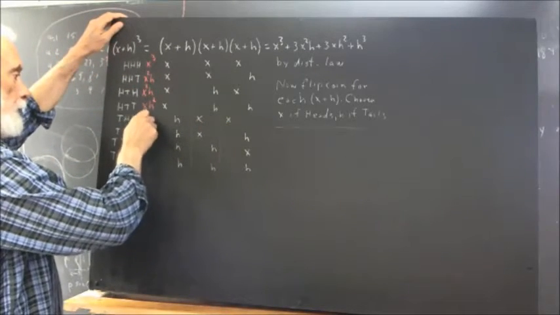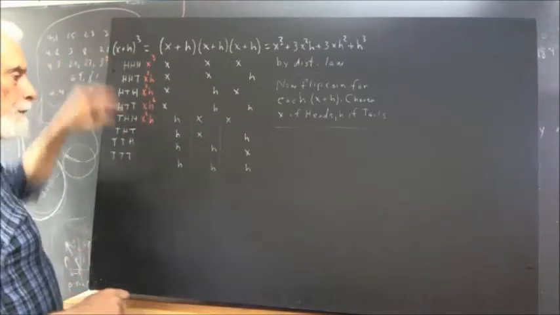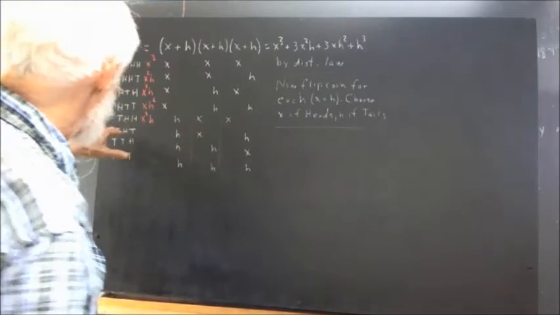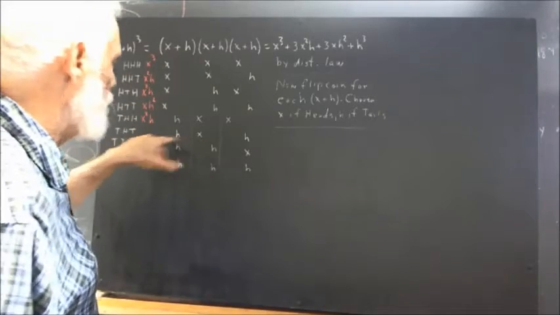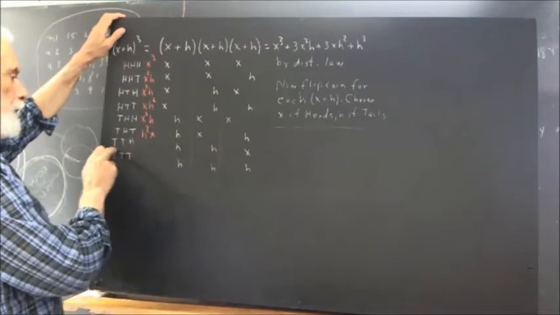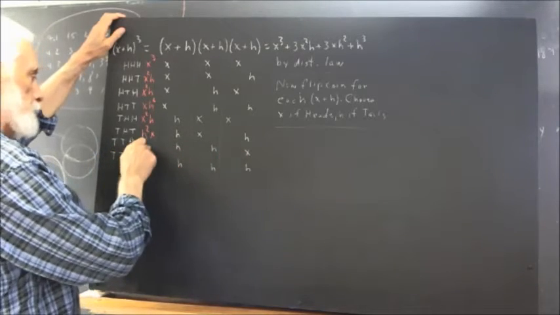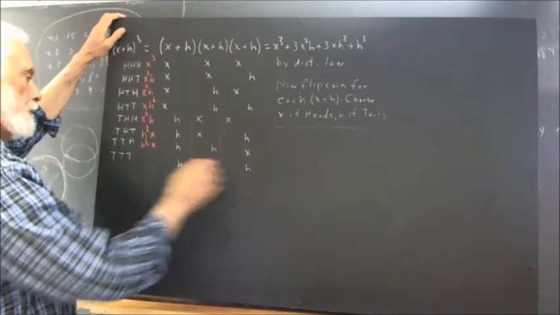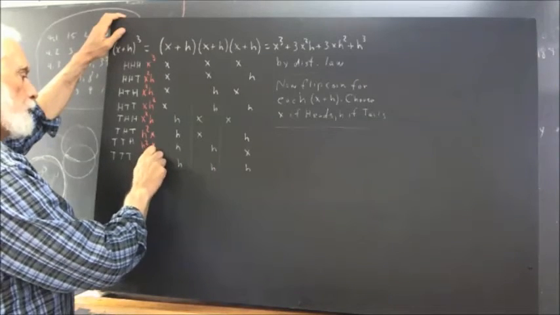That's going to be another x squared h. Tails, heads, tails is going to give us h squared times x. Tails, tails, heads, 2 h's and an x, is h squared x. And tails, tails, tails is h cubed.